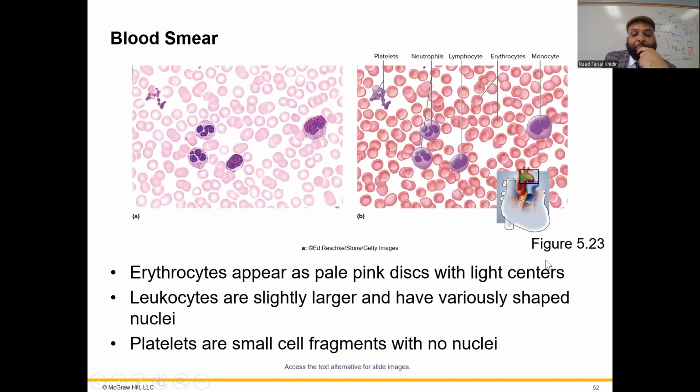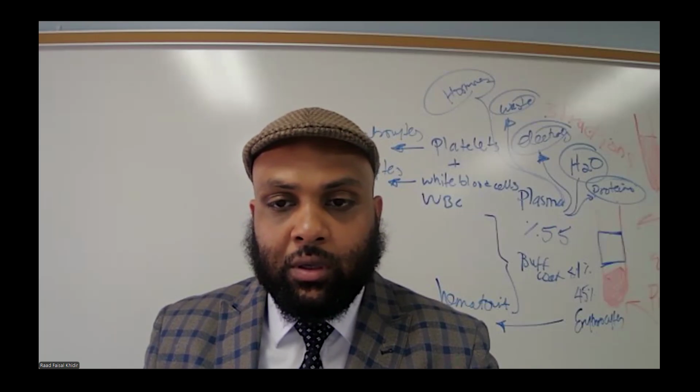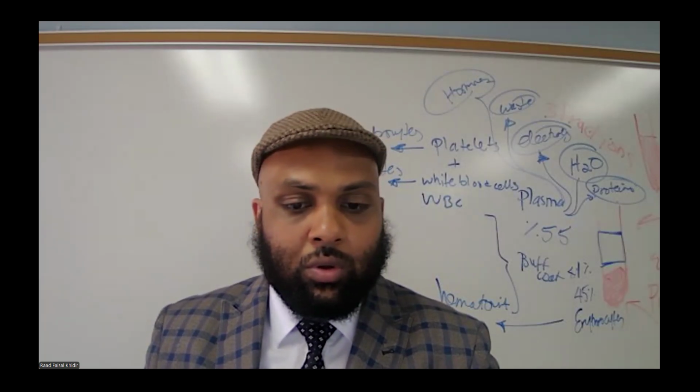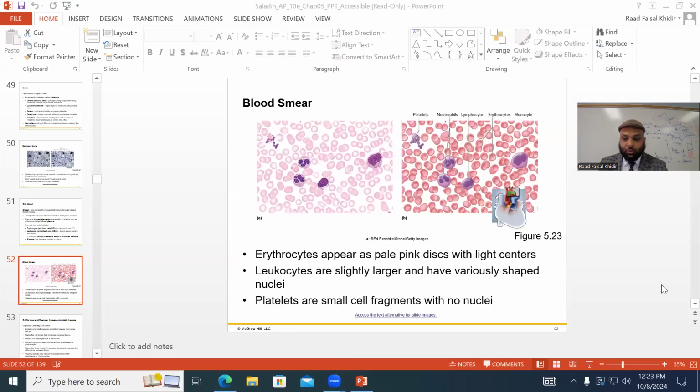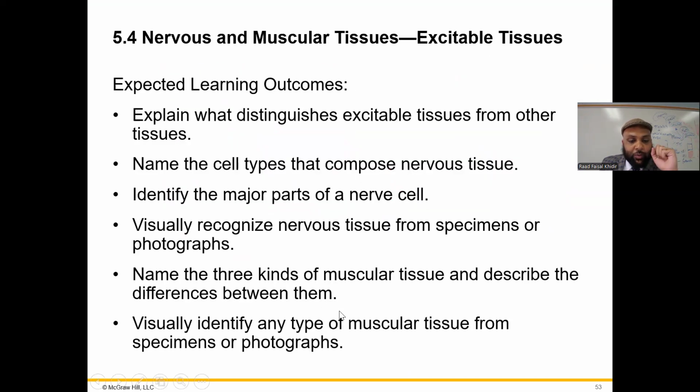So erythrocytes appear as pale pink discs with light centers, and leukocytes are slightly larger and have variously shaped nuclei, and platelets are small cell fragments with no nuclei.